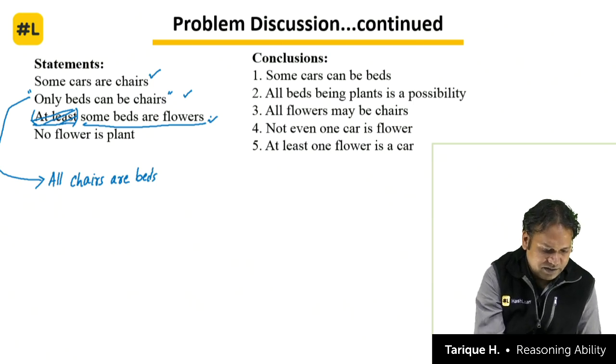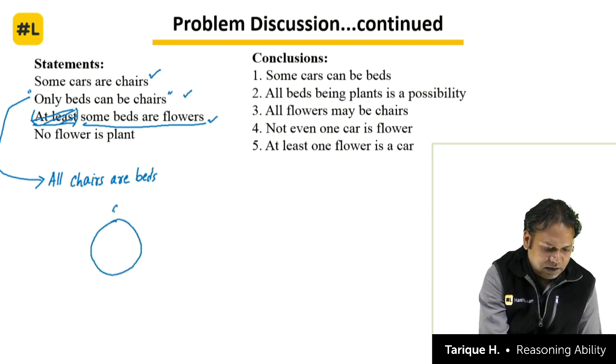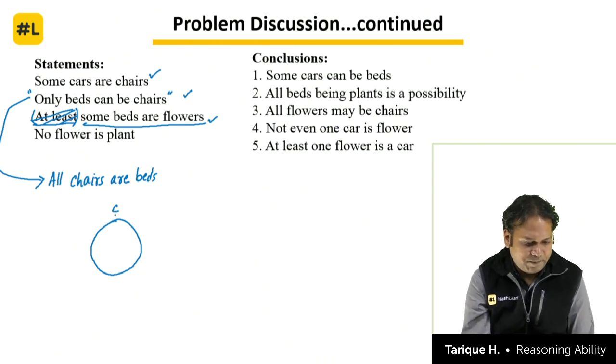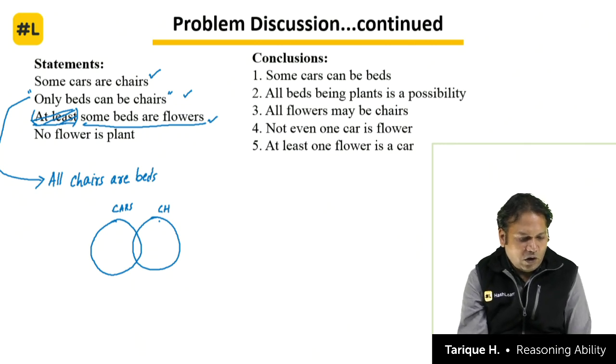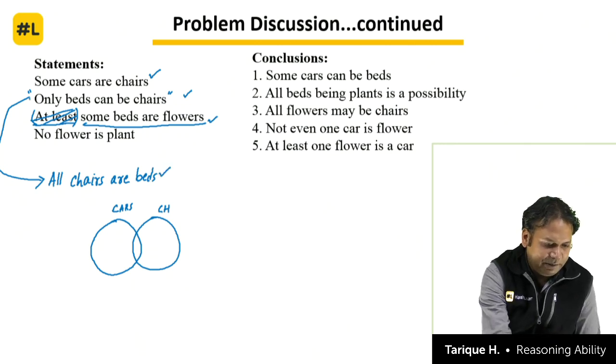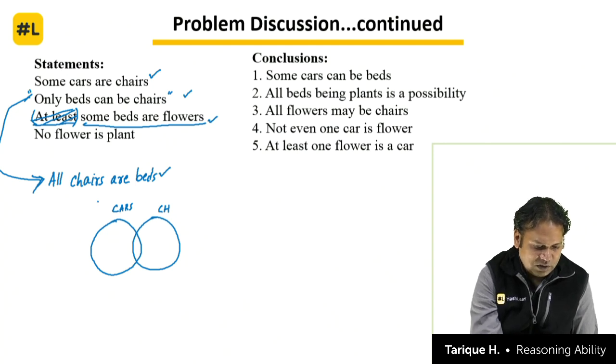Some cars are chairs. This is car, some cars, and this is chairs, some cars are chairs. All chairs are beds. So, the second statement actually means that all chairs are beds. So, chairs will be inside beds.